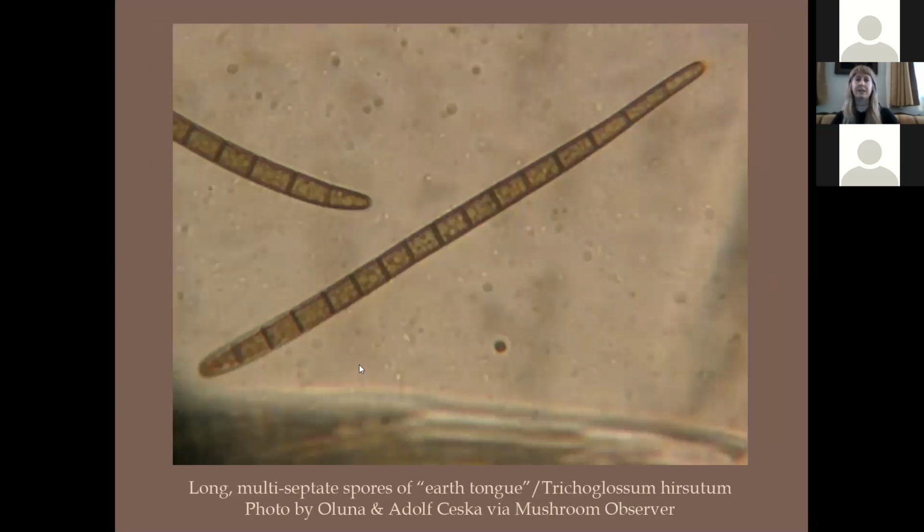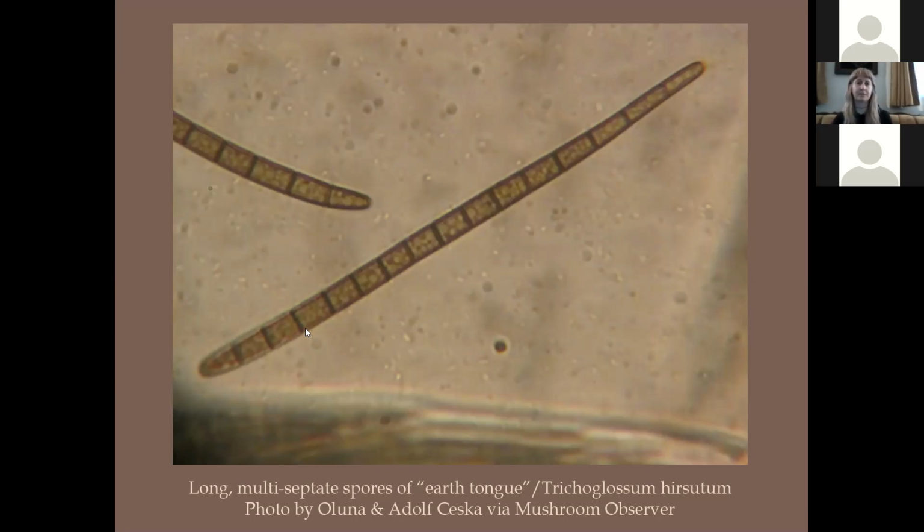Okay, and here is a wild-looking spore from Trichoglossum. These are club-shaped fungi or earth tongues, little black things that come out of the ground and have a black tongue shape at the end. And they have these really long, super narrow spores, which is unusual. The first time that I saw something like this under the microscope, it was much shorter, but it had these little sections in it.